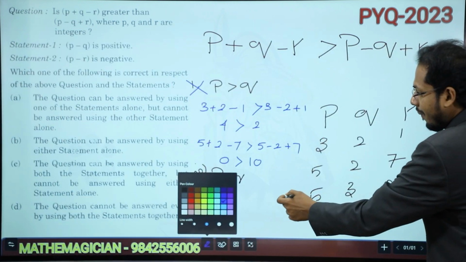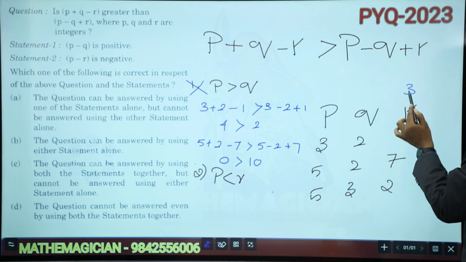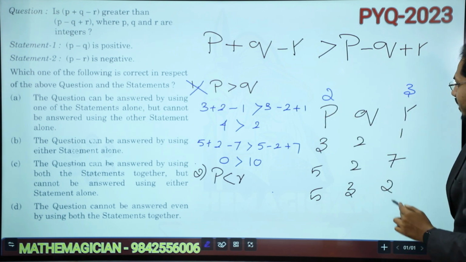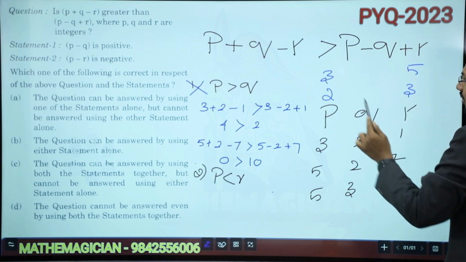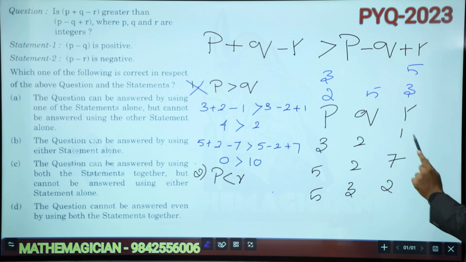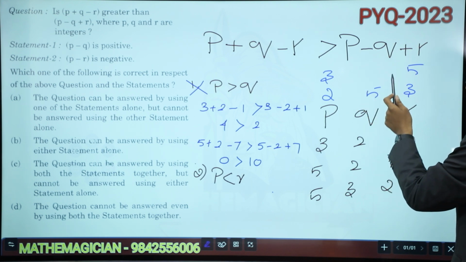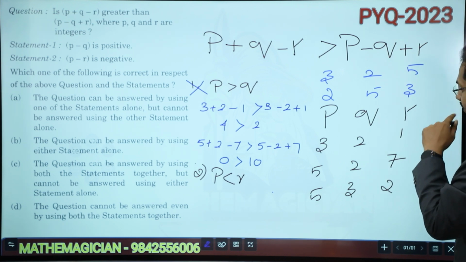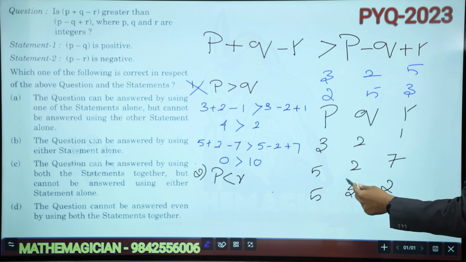Concentrate on P and R. They say P should be less than R. Let's take R as 5, and P is 2, P is less than R. Then Q may be more than R, or in between also we can take Q. So I can take the Q value in between, which is 3. Any other combination more than P, Q? Yeah, that is taken.